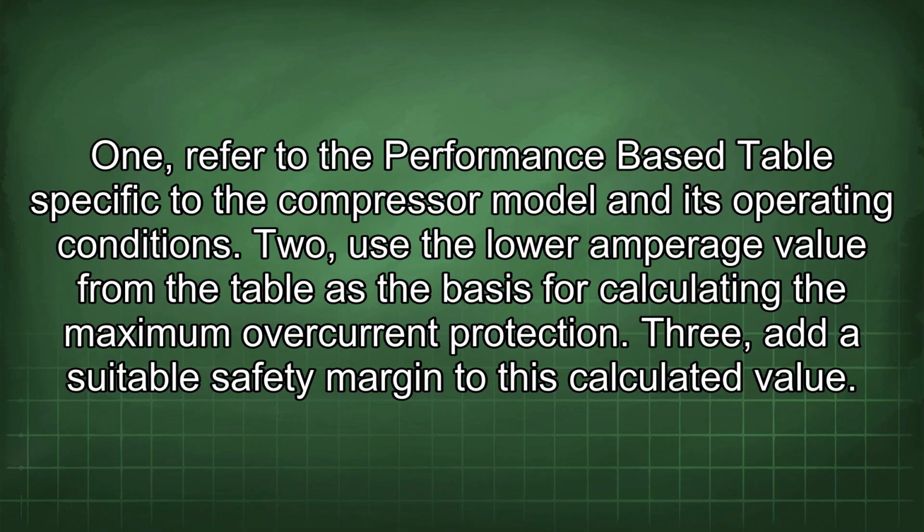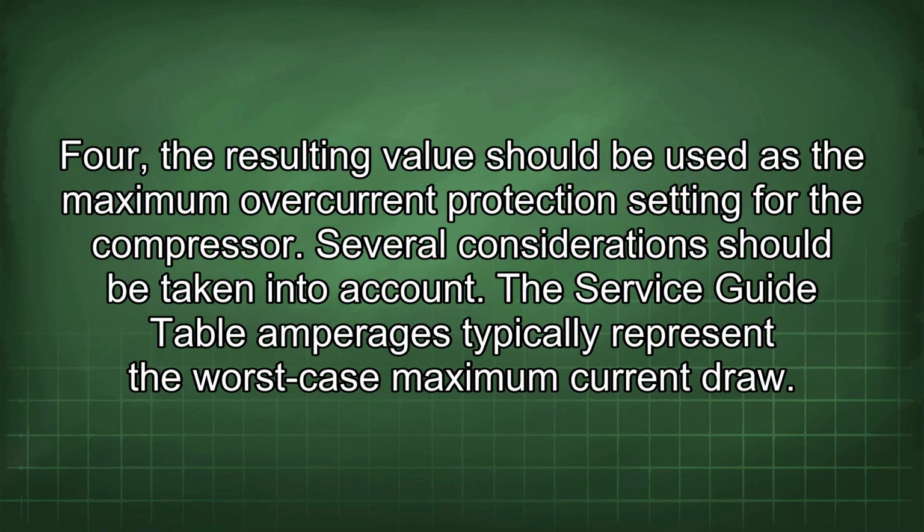Refer to the performance-based table specific to the compressor model and its operating conditions. 2. Use the lower amperage value from the table as the basis for calculating the maximum overcurrent protection. 3. Add a suitable safety margin to this calculated value. 4. The resulting value should be used as the maximum overcurrent protection setting for the compressor.